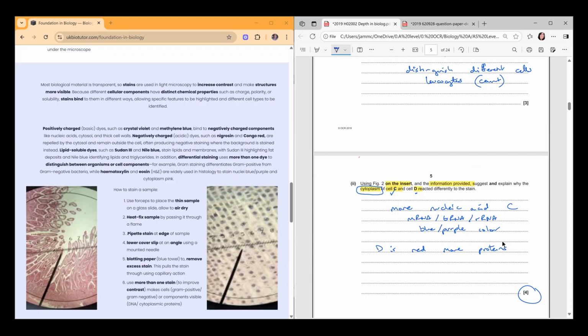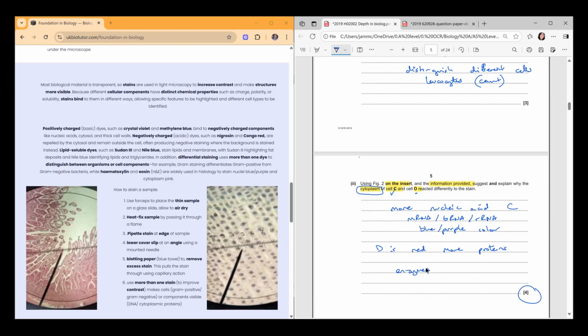And what proteins might they be? Well, we're talking about cells that are to do with fighting infections. So therefore, they could be enzymes. If we're talking about our phagocytes which are going to produce our enzymes, which are going to be used to break down the pathogens.